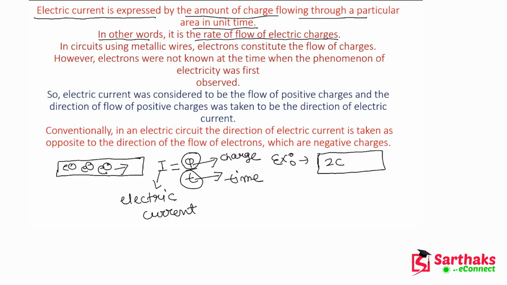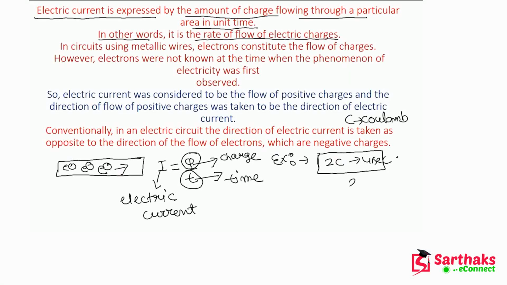Okay, so 2 coulomb, you can simply write it as C. C refers to coulomb. Okay, so 2 coulomb charges are flowing in this metallic wire in 4 seconds.